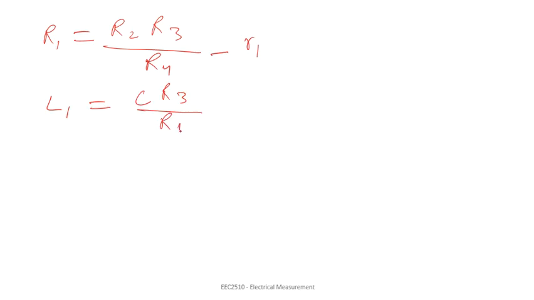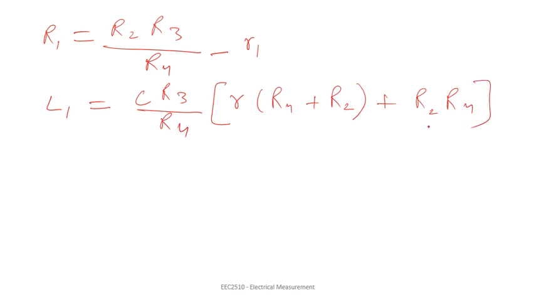So R1 will be equal to R2 R3 over R4 minus r, and L1 should be equal to C R3 (r R4 over R4 plus R2 plus R2 R4 over R4). Okay.